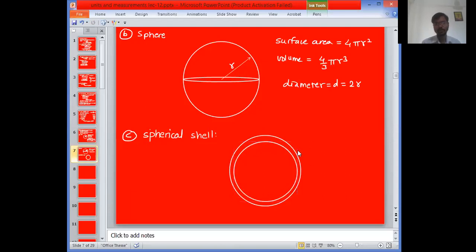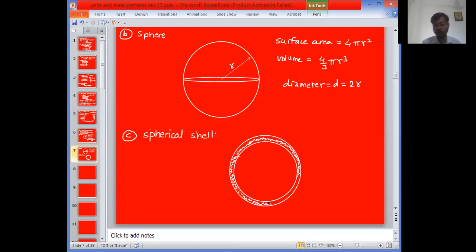It's a shell. In this region there is material which is present, and inside the material is missing. This is called as spherical shell.